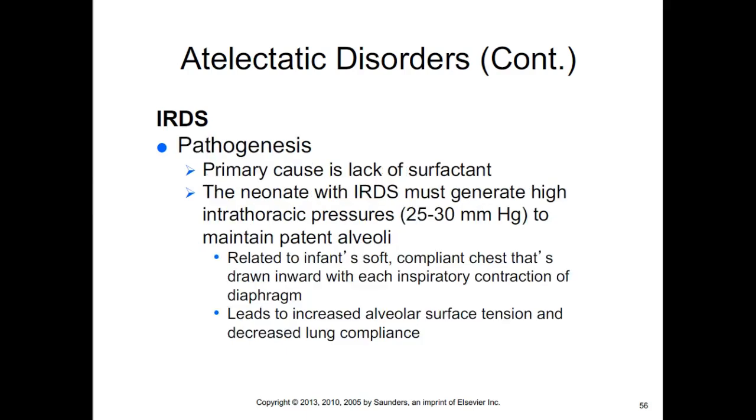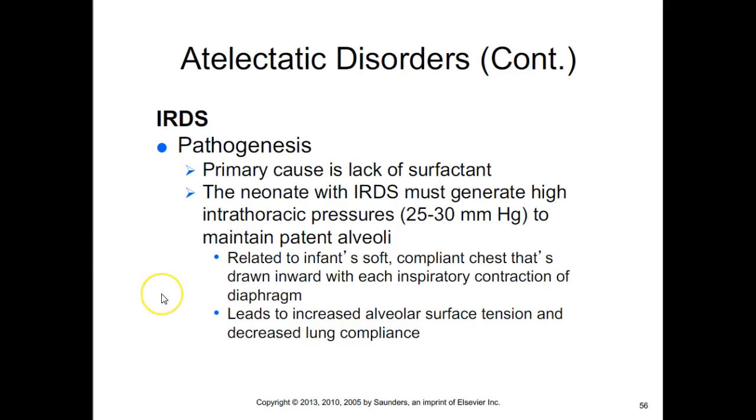So the primary cause is the lack of surfactant. So the child that is born without sufficient surfactant has to basically reinflate their lungs pretty much every single time that they're breathing to open the alveoli and produce sufficient pressure to drive oxygenation, right?